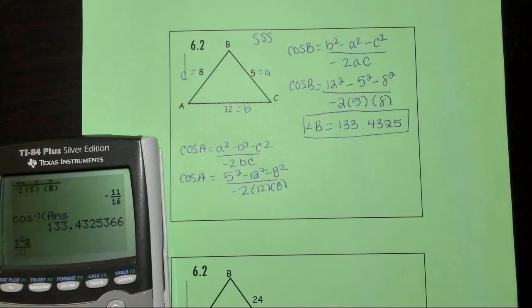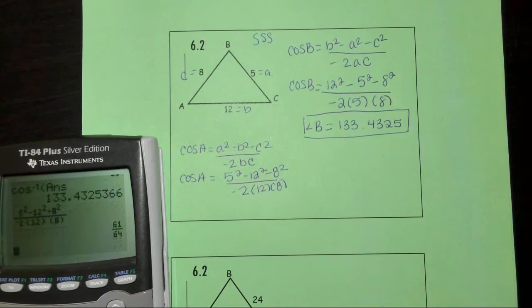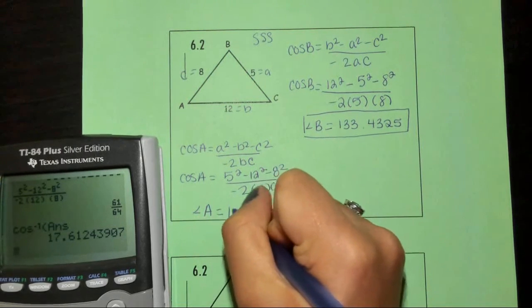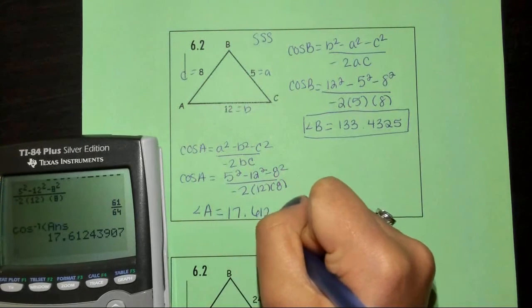I can grab it up there and then just change around those different numbers. Okay, and then I have to find the inverse. So angle A is 17.6124 degrees.